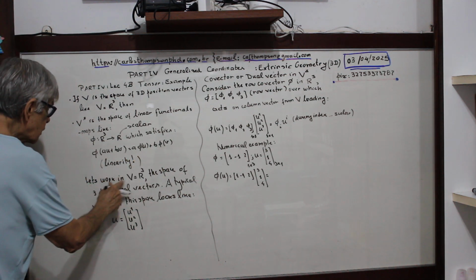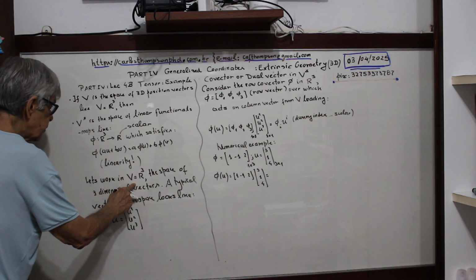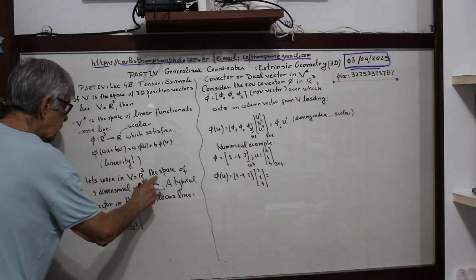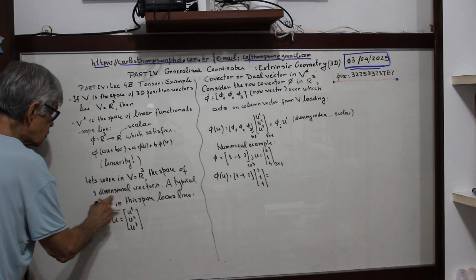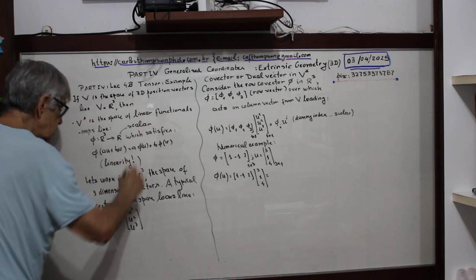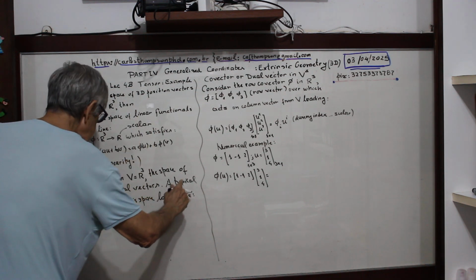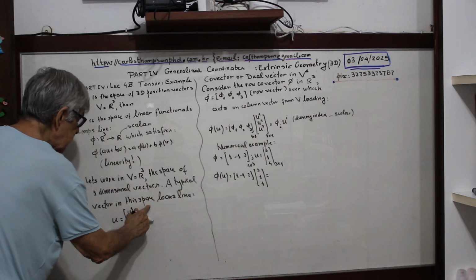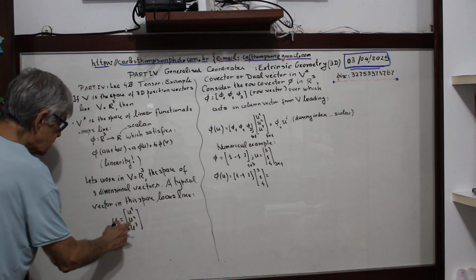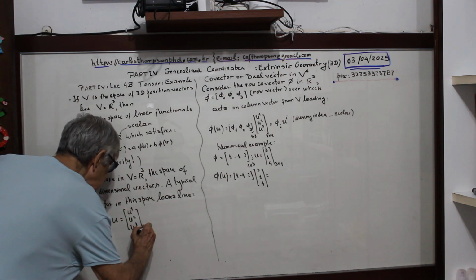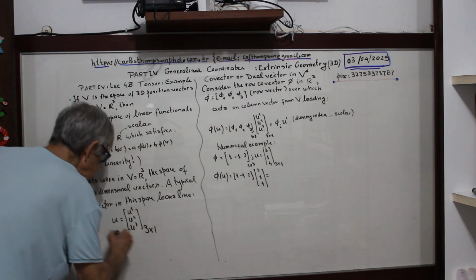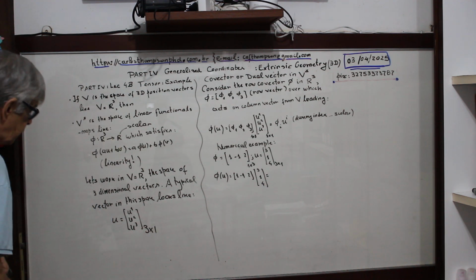Now, let's work in R3, the space of three-dimensional vectors. I'm repeating here. A typical vector in this space, capital V, is a three-dimensional vector.